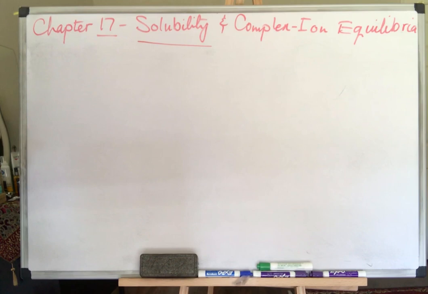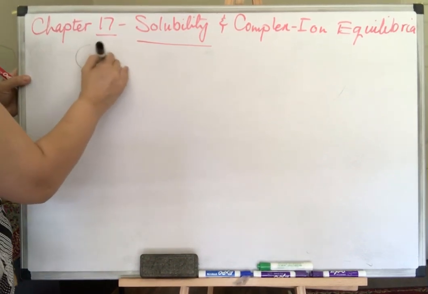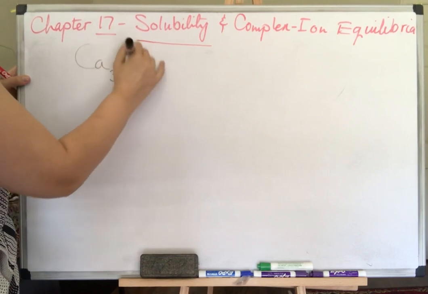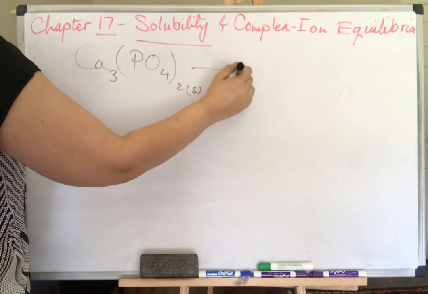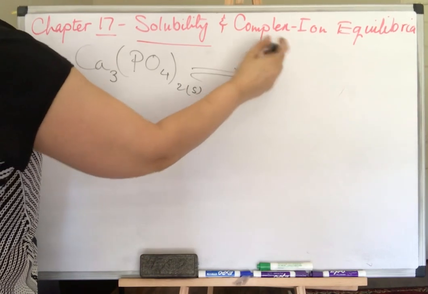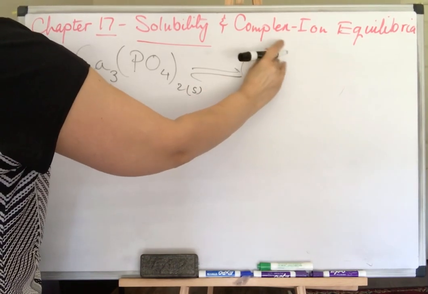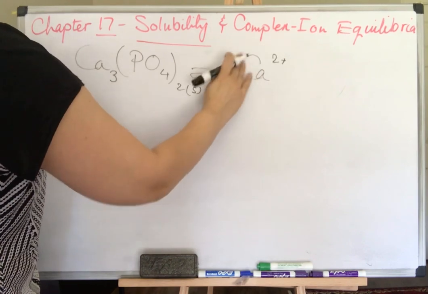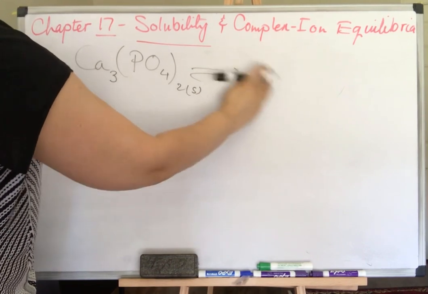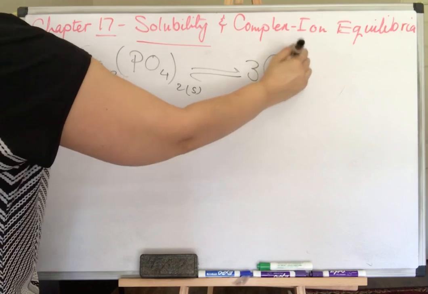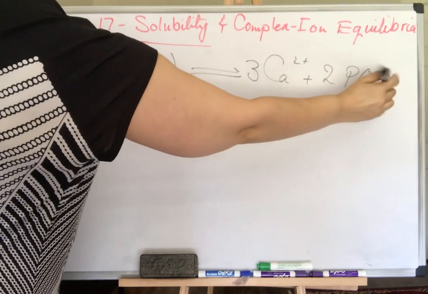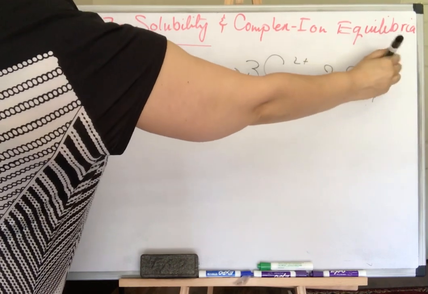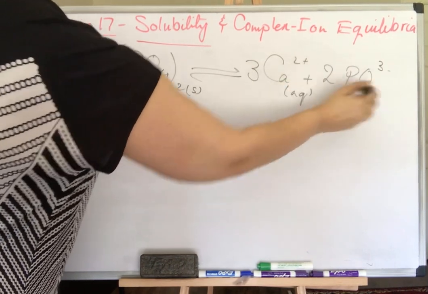Let's work on kidney stones, calcium phosphate, solid. I have to put the coefficients: 3 calcium plus 2 phosphate with a negative 3. And both of them are equal.